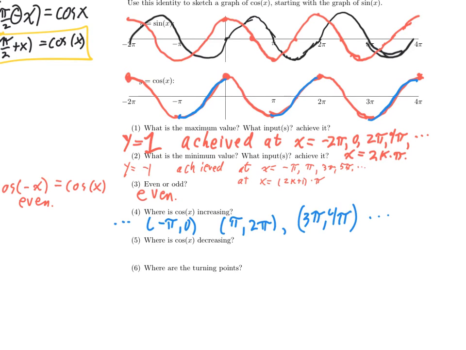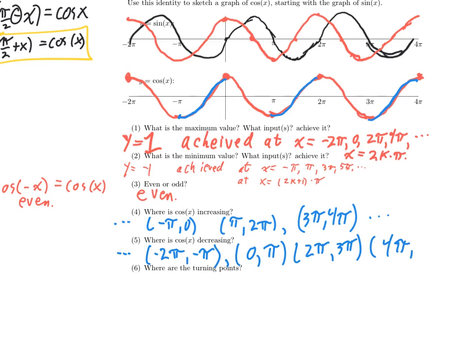It should be decreasing everywhere that it's not increasing. So it's decreasing from negative 2 pi to negative pi, from 0 to pi, from 2 pi to 3 pi, from 4 pi to 5 pi, and so on.